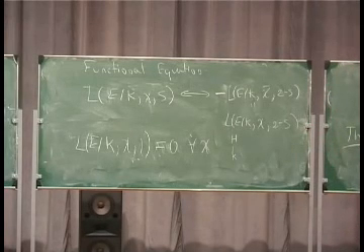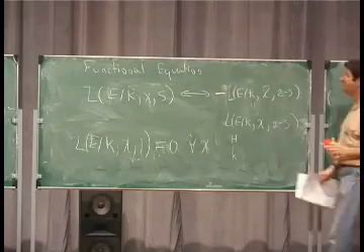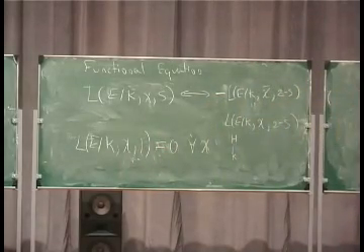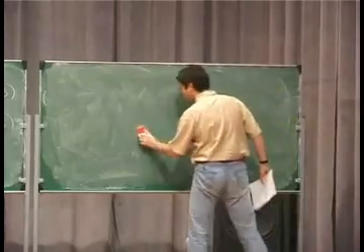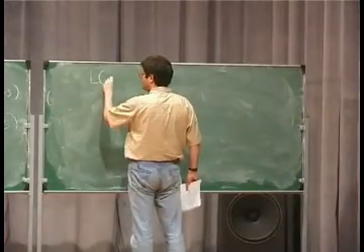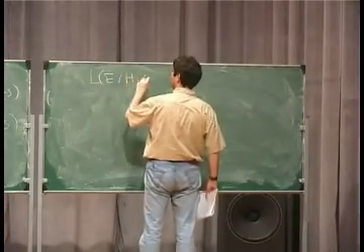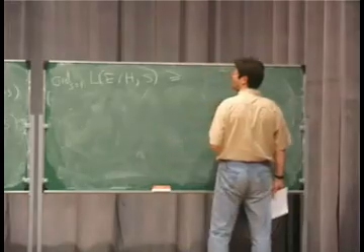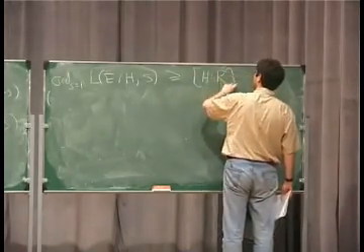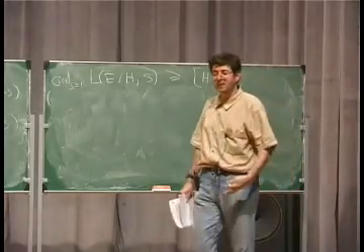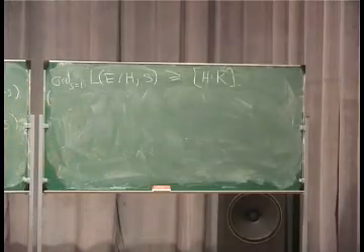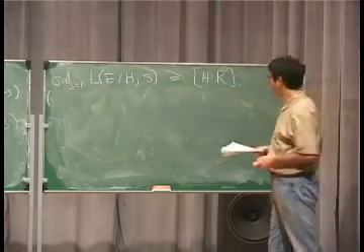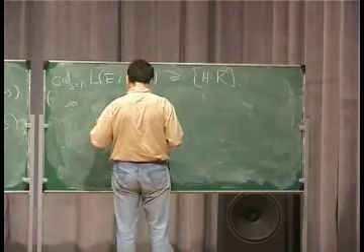And since the L function of E over H is a product of the L functions of E over K twisted by these various characters, exploring this factorization of L of E over H, I find that the order of vanishing at S equals 1 is at least the degree of H over K. So this was an inequality obtained by purely analytic considerations, by looking at the functional equation together with the sign, and exploiting purely analytic calculations involving L functions. Well, now from the BSD conjecture, we find the following.